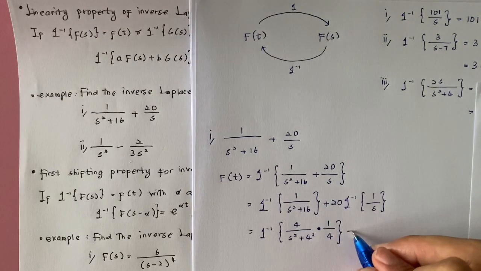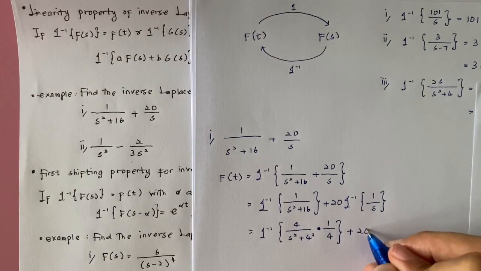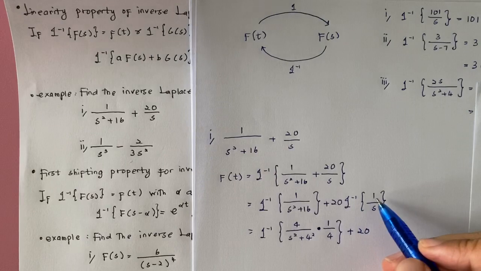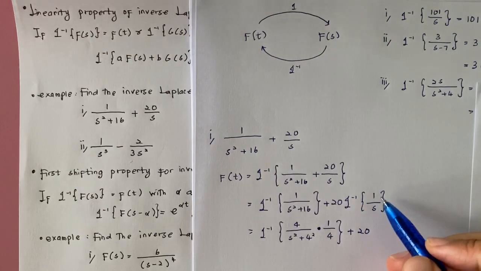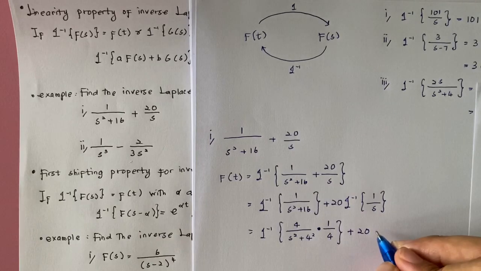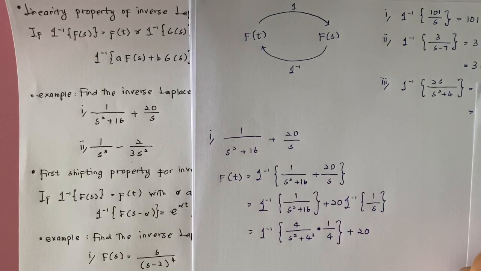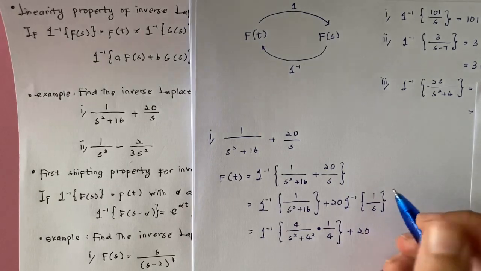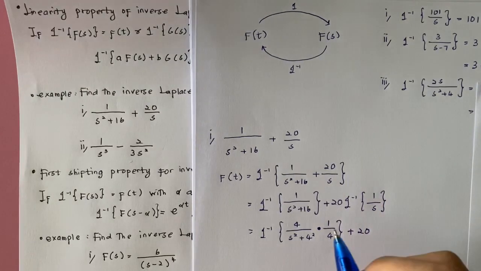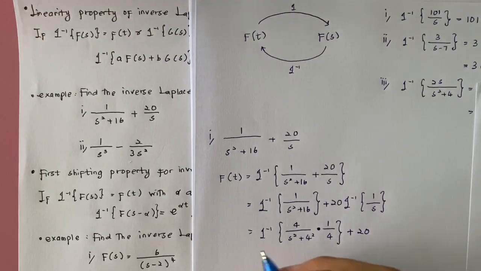Plus 20. What is the inverse Laplace for 1 over s? This is a constant, so the inverse Laplace for 1 over s is 1, which is k.